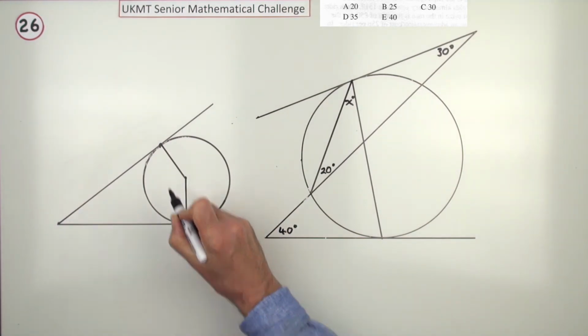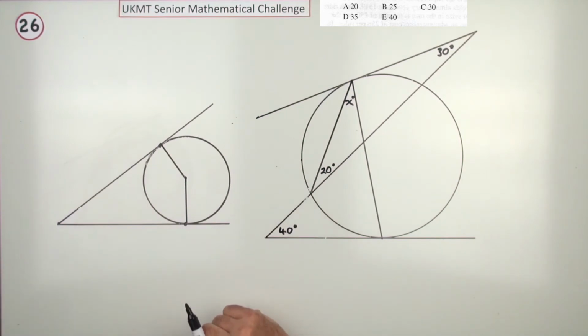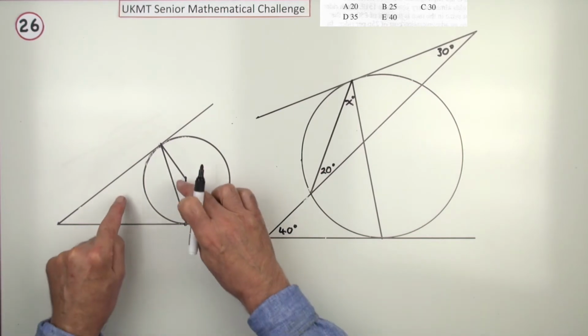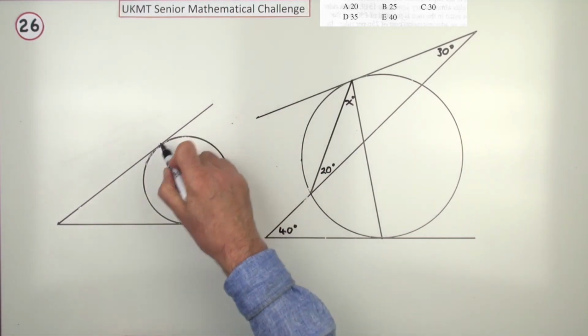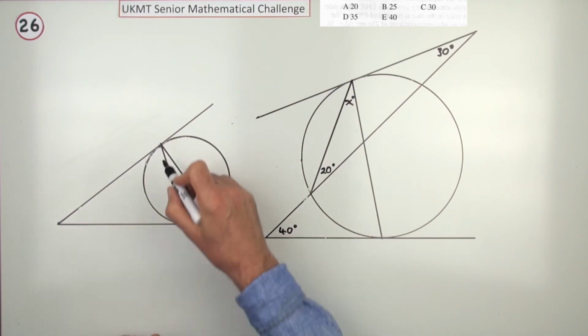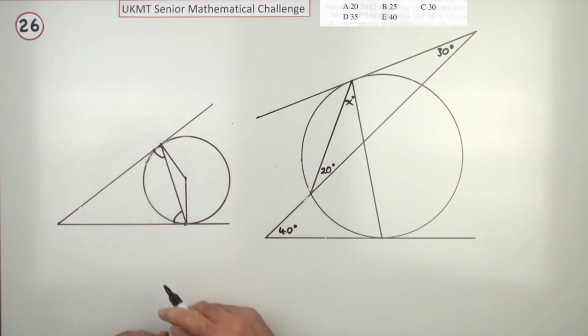Those are right angles, which means that these two angles add up to 180. Those are supplementary. The other feature of a kite is it's made of two isosceles triangles. So that if you've got two tangents to a circle and join the points of tangency, those two angles must be the same. That's what I'm going to use here.